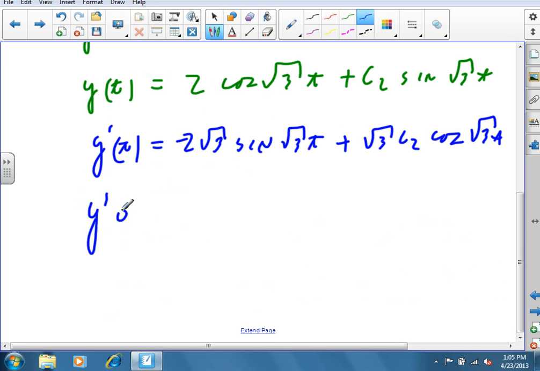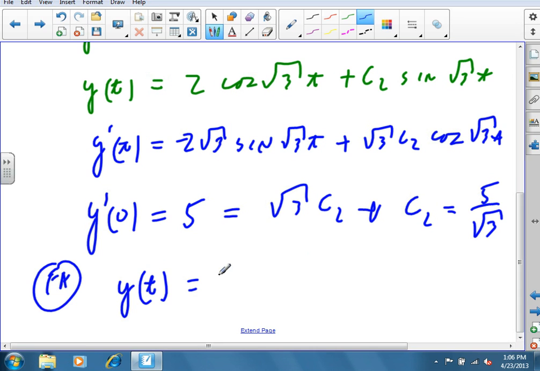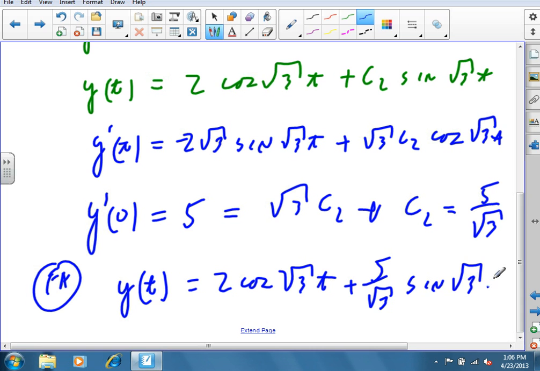Y prime at 0 is 5, which would be square root of 3 c2, implying that c2 is 5 over the square root of 3. Final answer, y of t equals 2 cosine square root of 3t plus 5 over the square root of 3 sine square root of 3t, which is the same answer that I got doing it the other way.